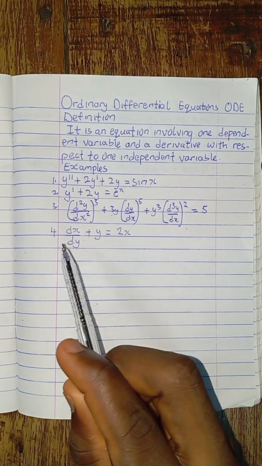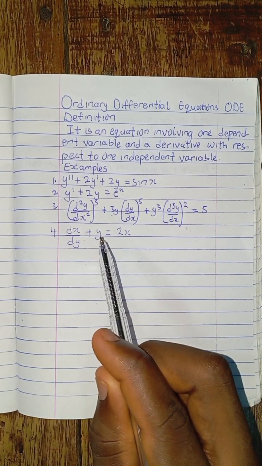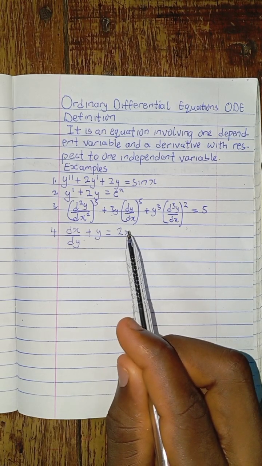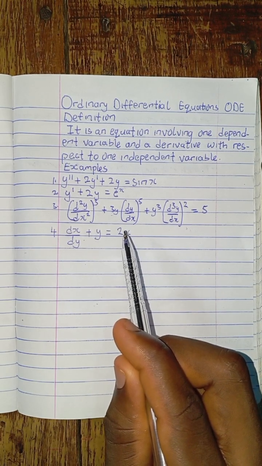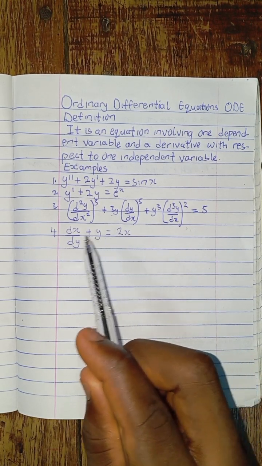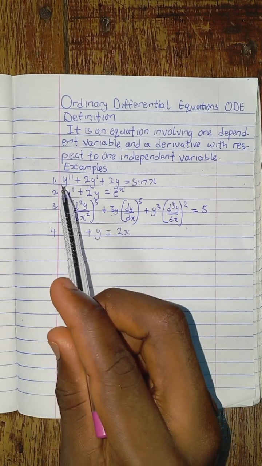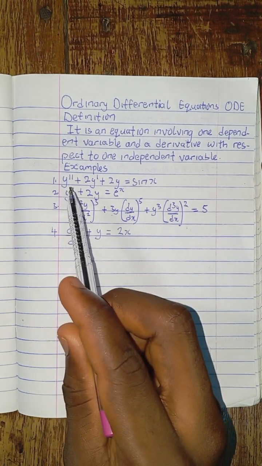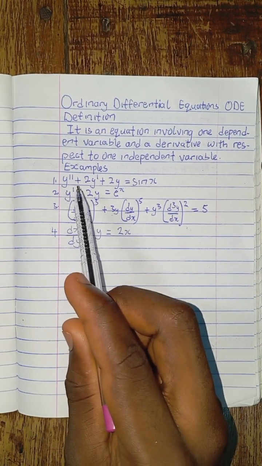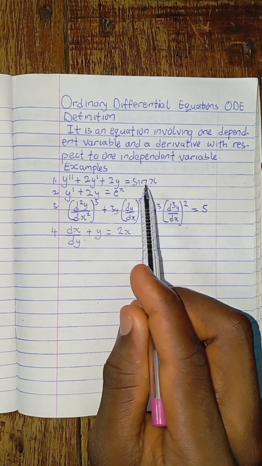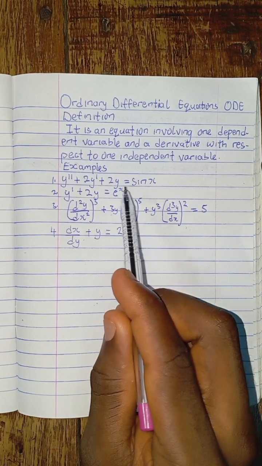So from this example, y is the dependent variable, dy over dx is its derivative, and x is the independent variable. This means that this is an example of an ordinary differential equation. The same thing as the one in number 1, we have y prime prime plus 2y prime plus 2y is equal to sine x. So it has one dependent variable y.